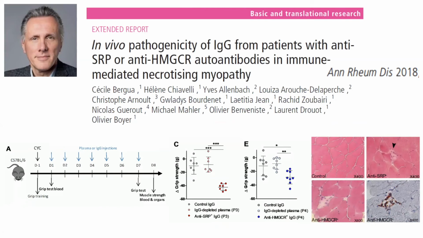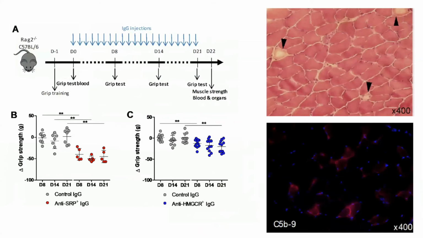transfected mice. If you do the same in mice with no immunological system, with no lymphocytes, no T cells, no B cells, then you can maintain your system for much longer because the mice are not capable of mounting a humoral response against human origin proteins. And then you maintain the weakness of the mice.